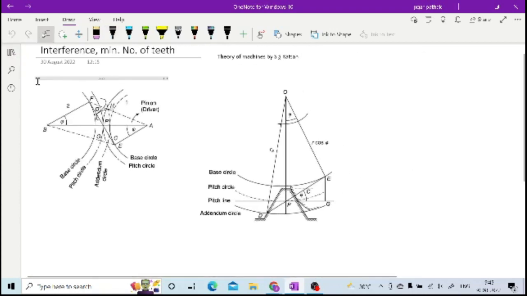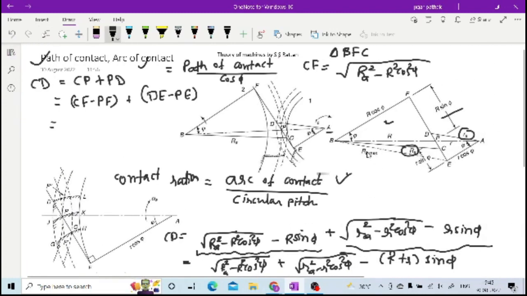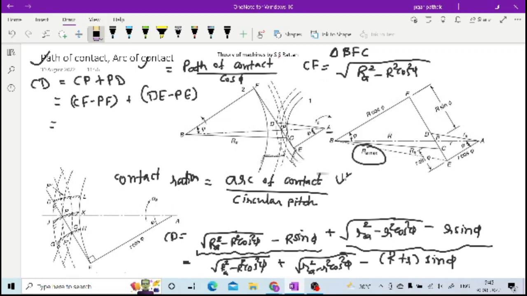Now next is interference. In the previous calculation, there is one thing mentioned in this figure, and that is RA max. What it says is, if the addendum of this gear is more than the distance BE, then what will happen?